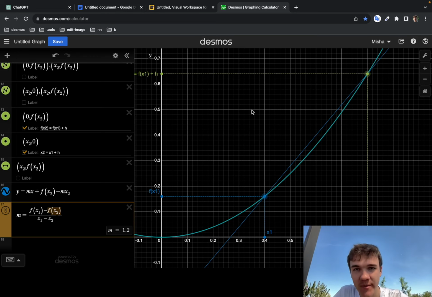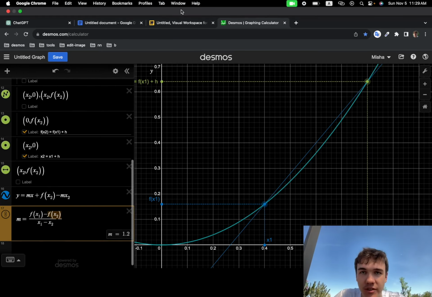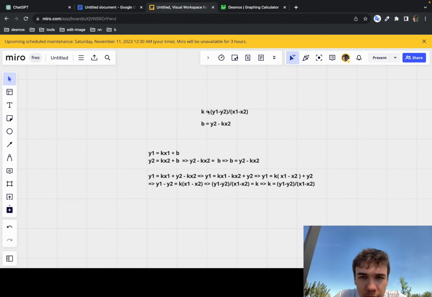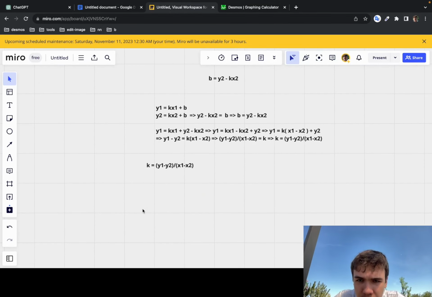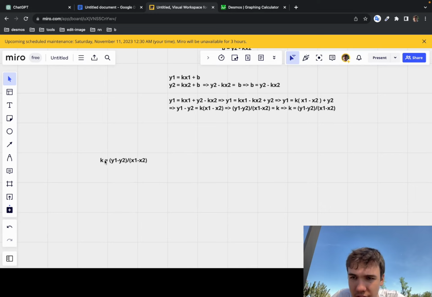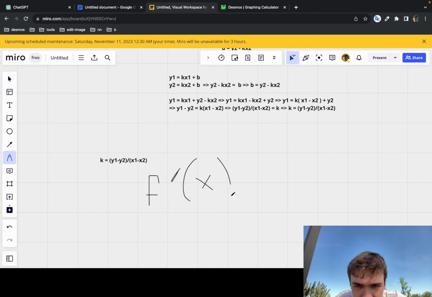So let's make it. You see, we got this formula, and now I want to use my pencil. So how do we define the derivative? It is f dash of x.